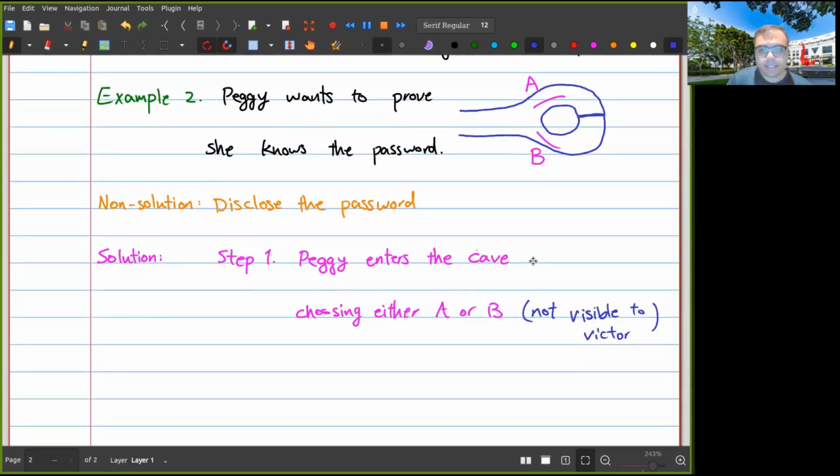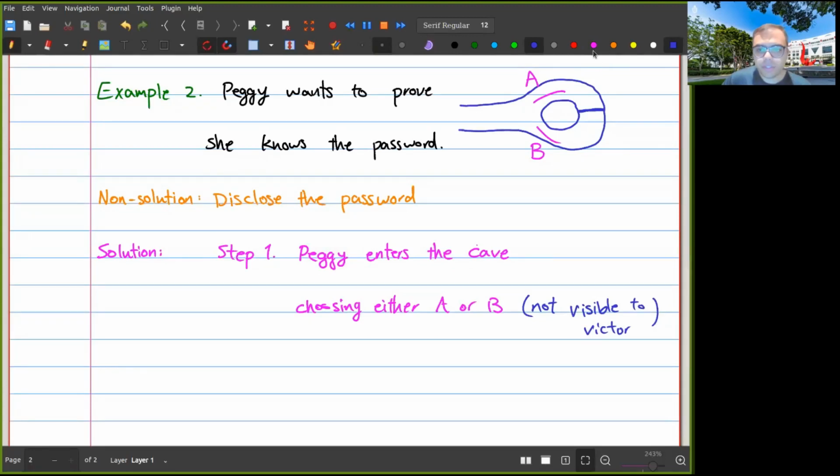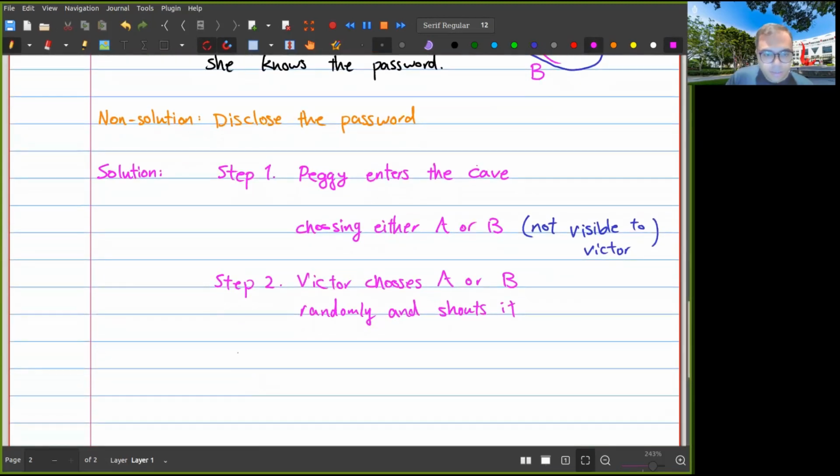And then in the next step, Victor just shouts either A or B. So in step 2, Victor chooses A or B, and let's say that he chooses randomly, uniformly at random, and basically shouts either A or B. And then finally, Peggy has to come out of the entrance that Victor shouted.